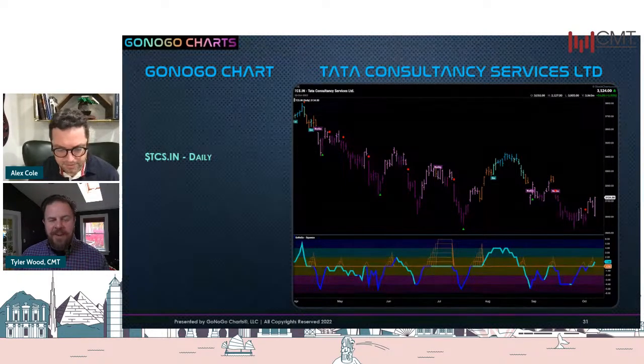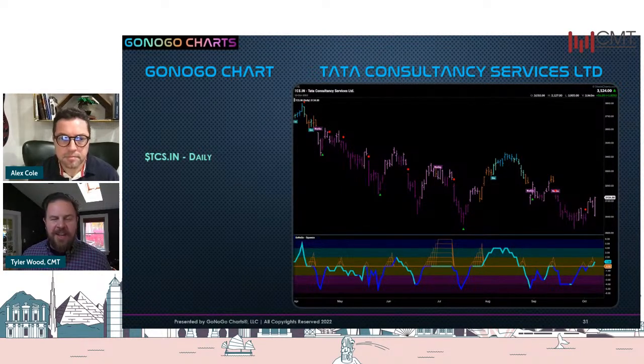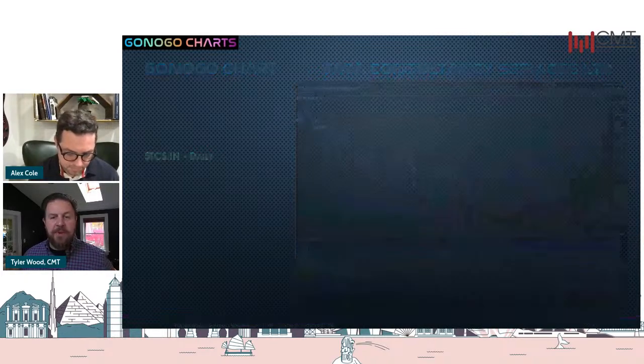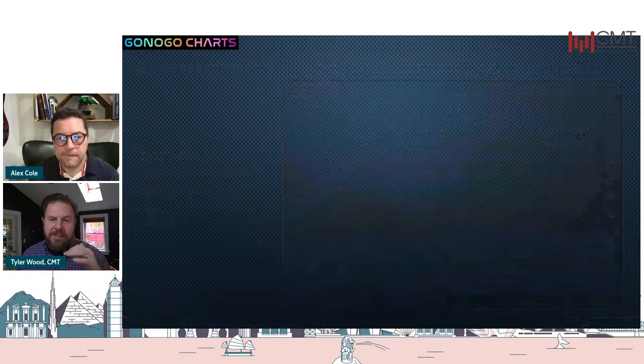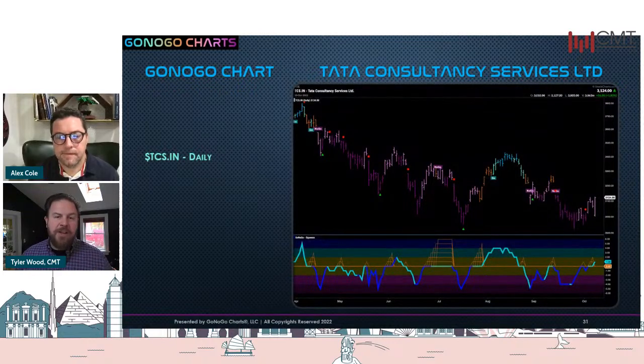This is the same company on a daily chart. Again, as Alex was saying, the importance of multiple time frames, right? So if we know the underlying bias for Tata is to the downside on a longer time frame, then when we dive down to a daily, perhaps you're trading short positions, right? Your underlying bias is to the downside.